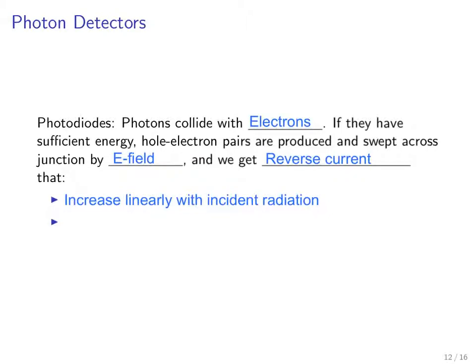And the other thing is that it's going to be fast. The response times are on the order of maybe 1 microsecond. So you have a current arising less than 1 microsecond after a photon comes in and hits an electron, generating an electron-hole pair and producing a reverse current.